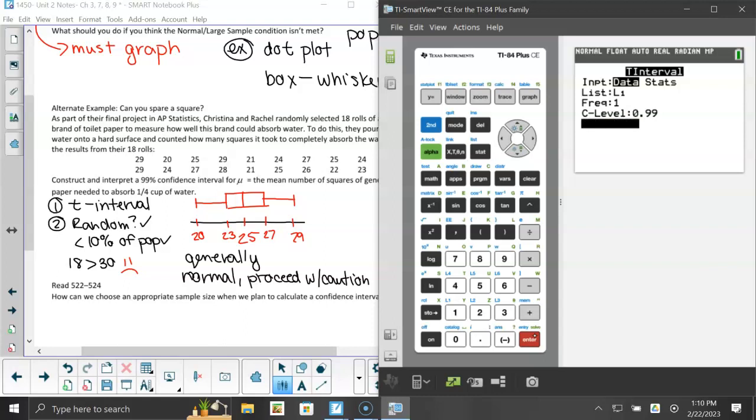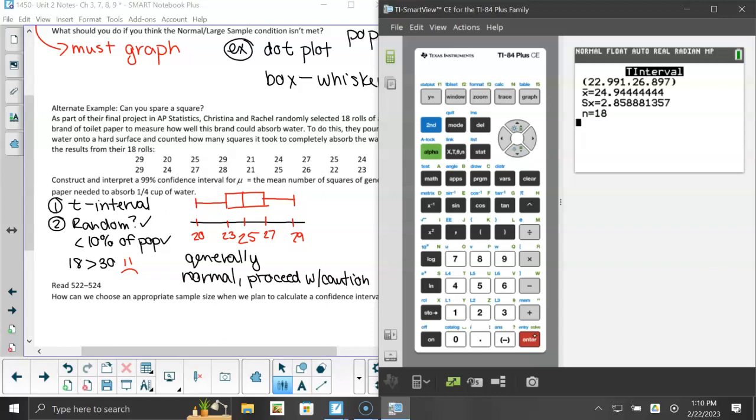All right, ready to hit enter? Frequency is just how many of those lists. I never change it, and you guys will never have to change it, so I would leave it.